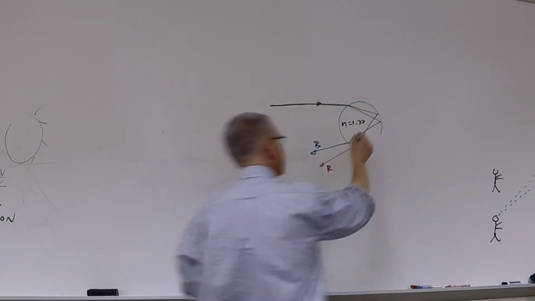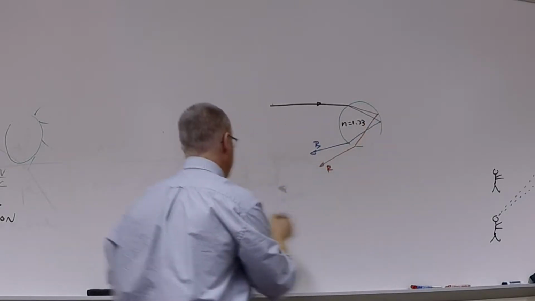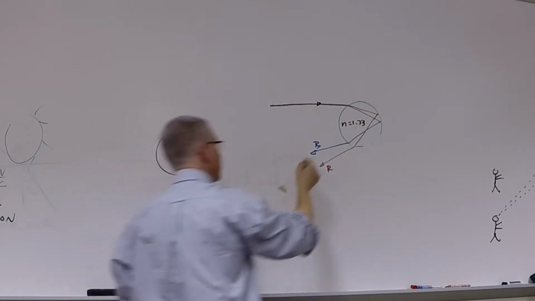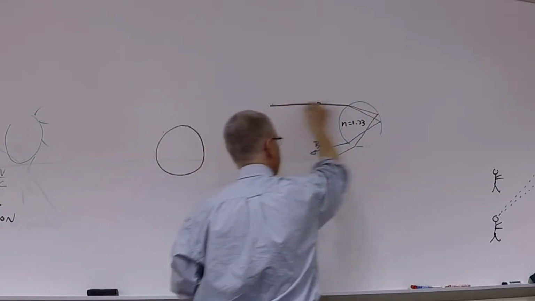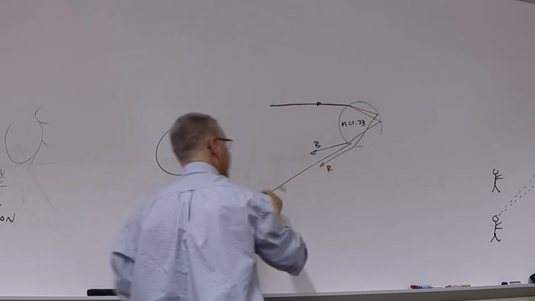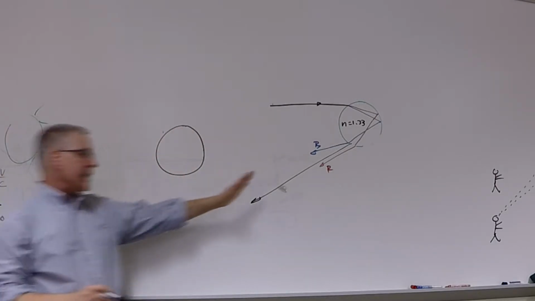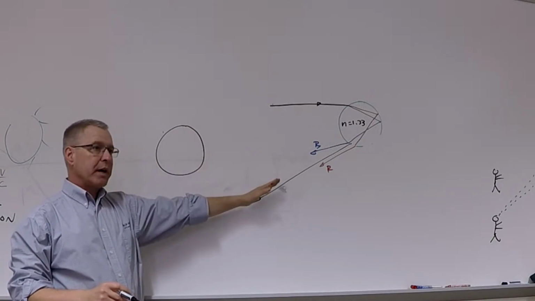What would happen if, let's ignore the chromatic dispersion part, what would happen to that ray? And notice, again, without the chromatic dispersion, I came in like this, I came out like that. What's going to happen to this angle if I increase that index of refraction?